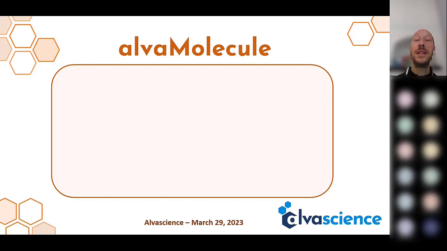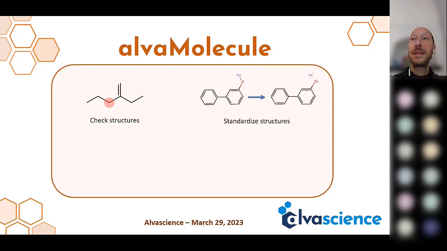alvaMolecule can be used to identify possible issues in your dataset, like the identification of erroneous representations or the identification of specific molecular features, so we can check if our molecules are correct or if our molecules include specific functional groups, for example. Then alvaMolecule can be used to standardize your molecular dataset.